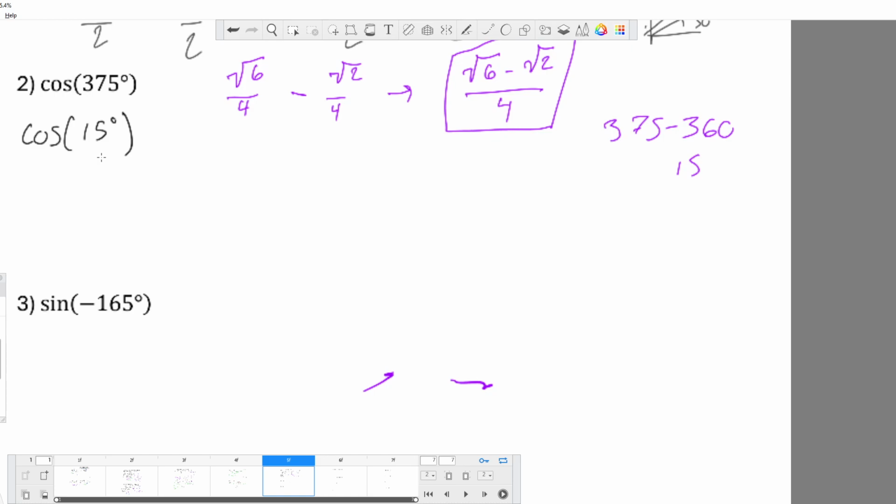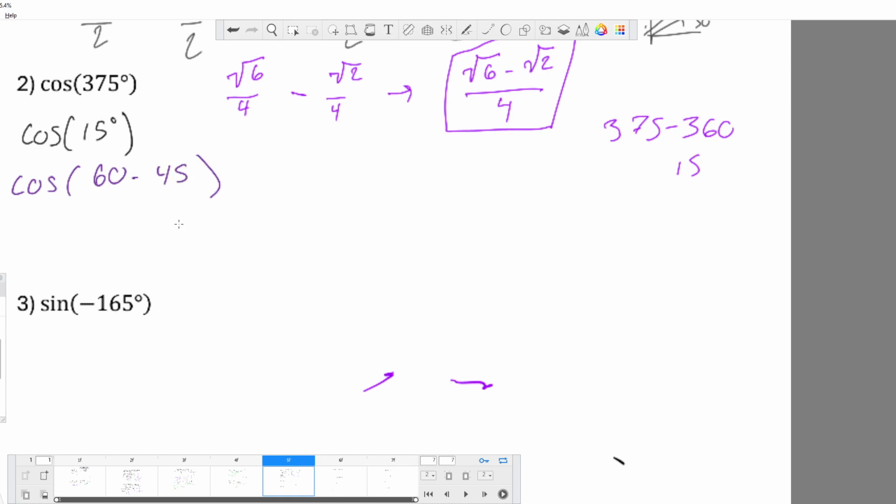I would think there's actually two different ways we could do this. We could do either cosine of 45 minus 30, because that would be 15, or we could do cosine of 60 minus 45.